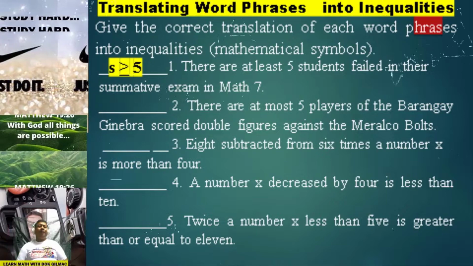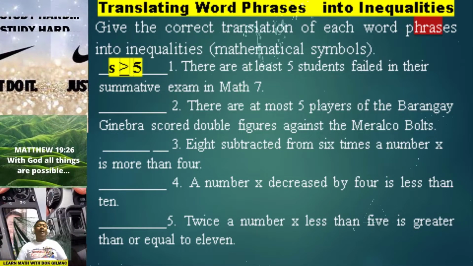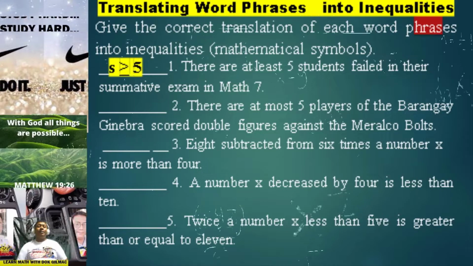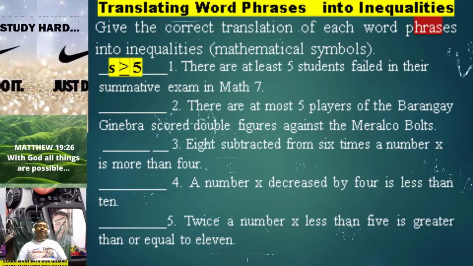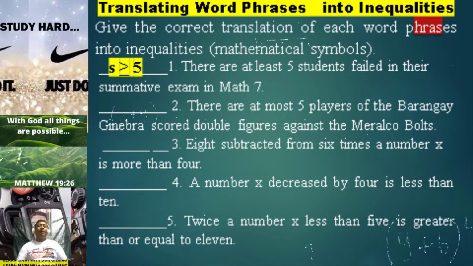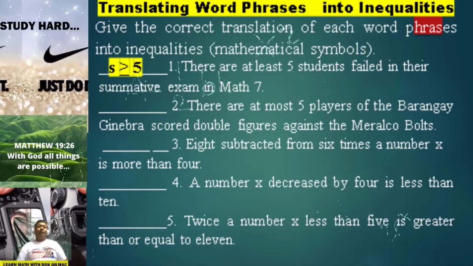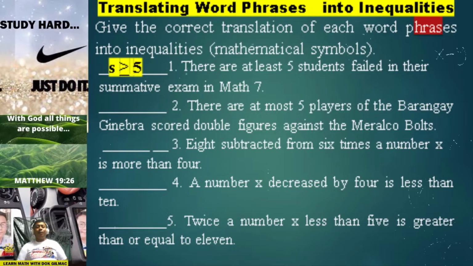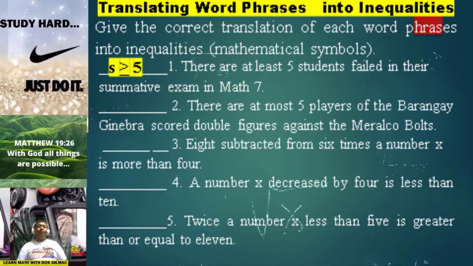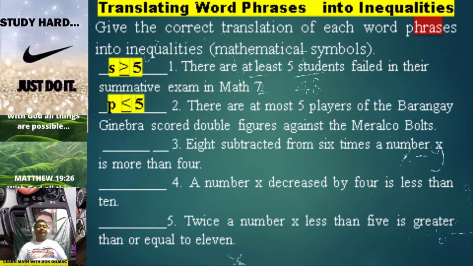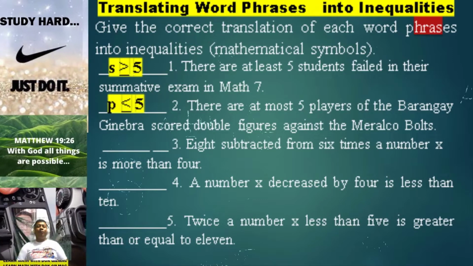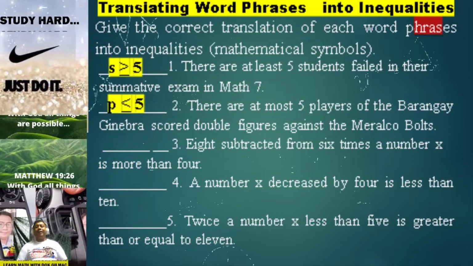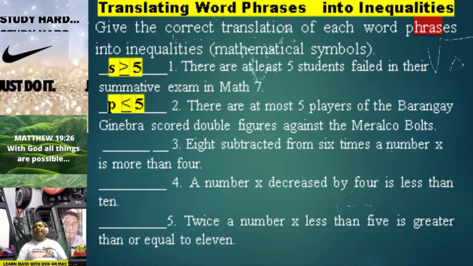We let P be equal to the number of players of the Barangay Ginebra which scored double figures against the Meralco Bolts. So we have P is less than or equal to 5.